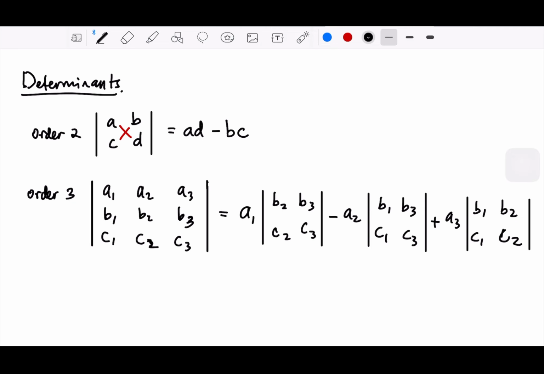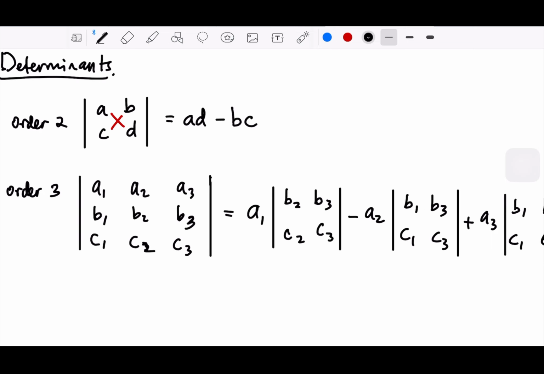Okay. Now you can see how we can get this B2, B3, C2, C3, and another one. This is perfectly from A1, where we cover the row and column.